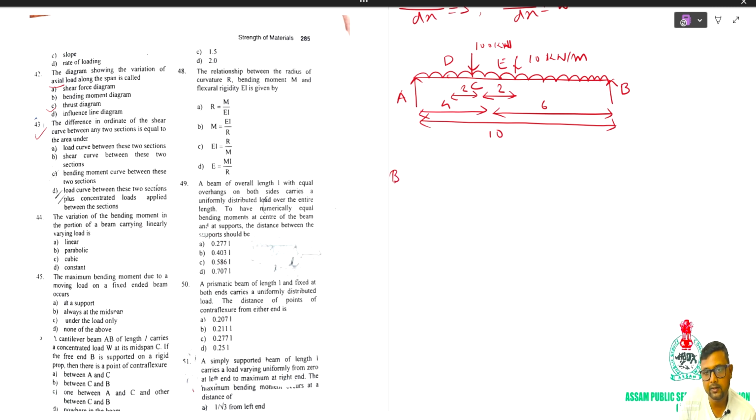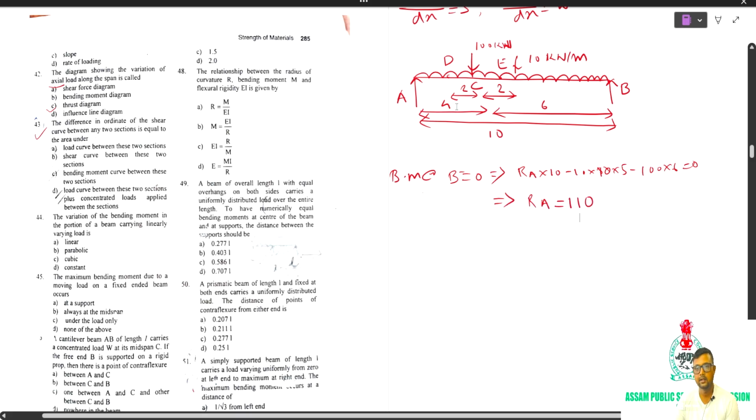So bending moment at B equal to 0. So Ra into 10 minus 10 into 10 into 5 minus 100 into 6 equal to 0. Solving, we get Ra equal to how much?